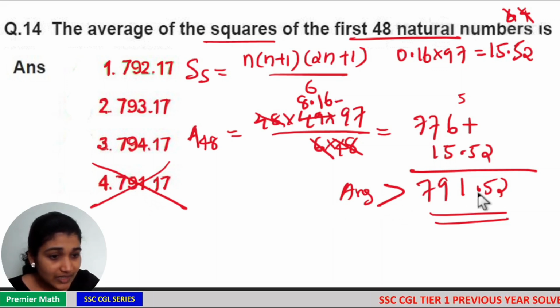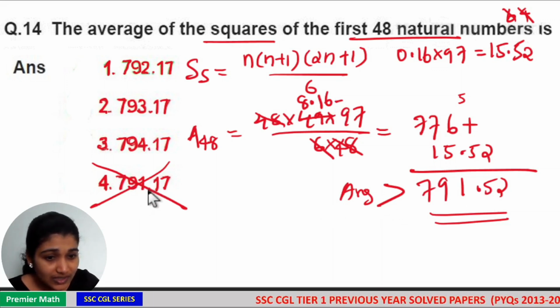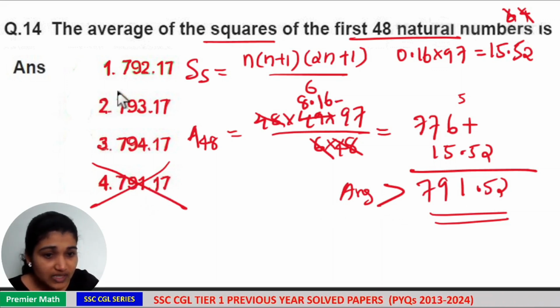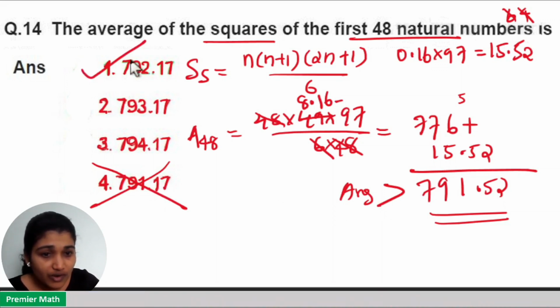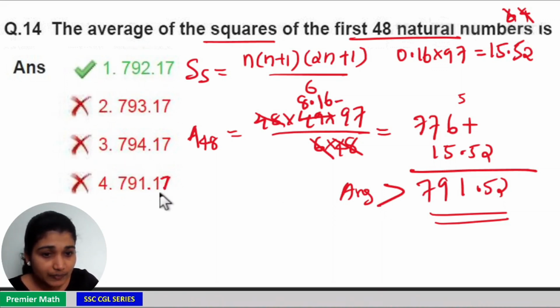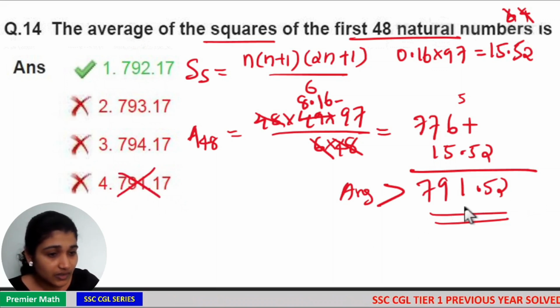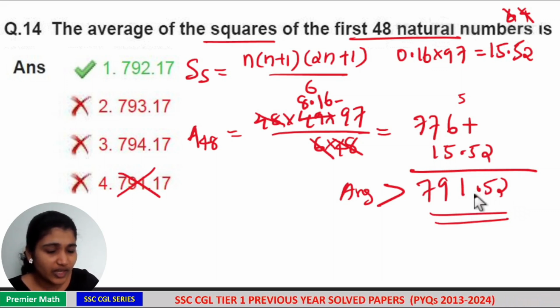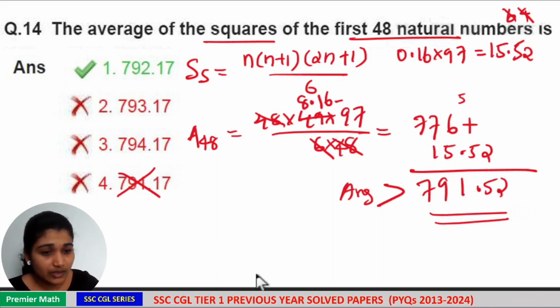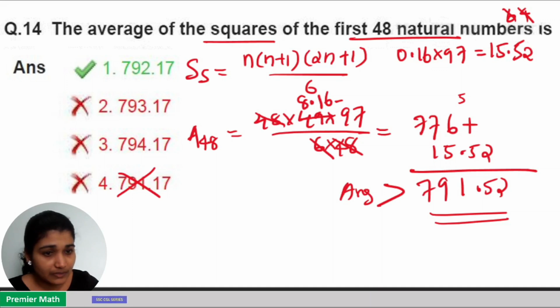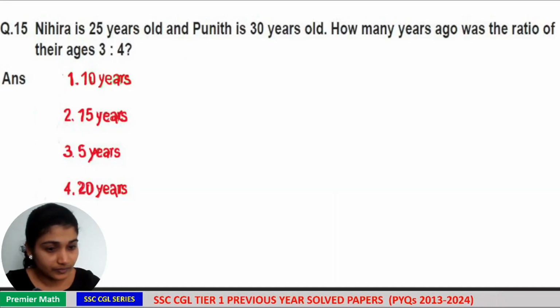So the answer should be greater than 791.52. So if you look, option 1 is your answer, 792.17. We need a precise answer. Here this is 791.52, nearer to 792 if you take the third decimal.